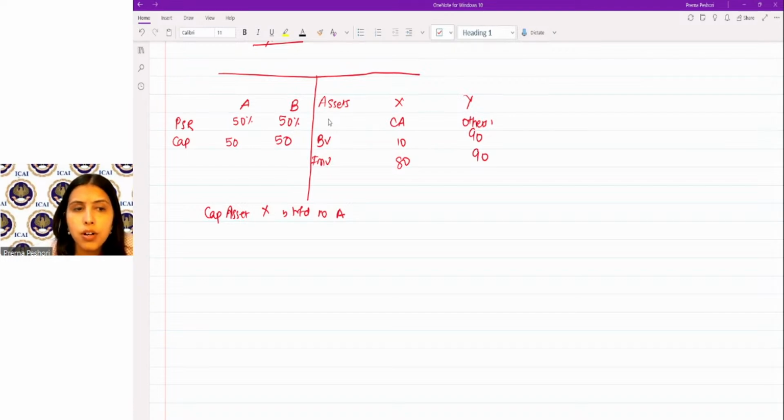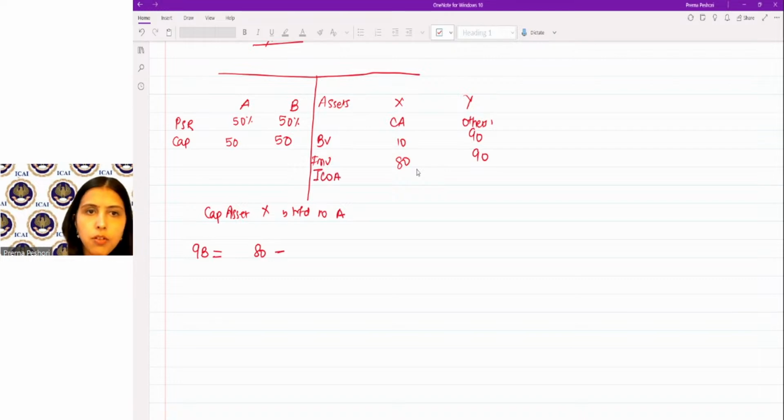Now, what will happen in this particular case? Whether there will be 9B? Yes, there will be 9B. What will be my 9B? 80. Correct? 9B will be 80. Then minus, let's say, my indexed cost of acquisition for this X is, let's say, 30.